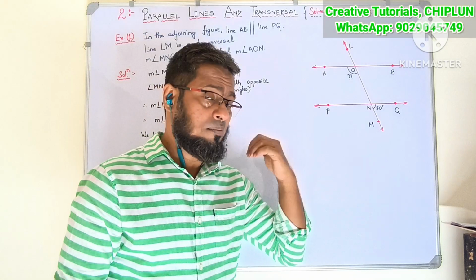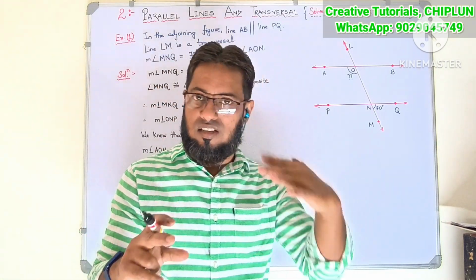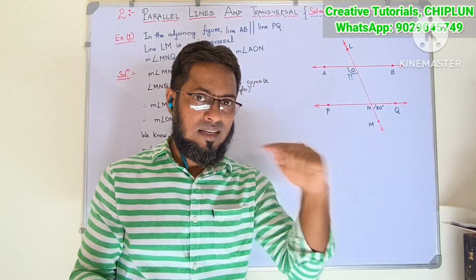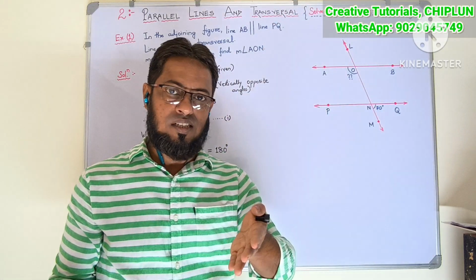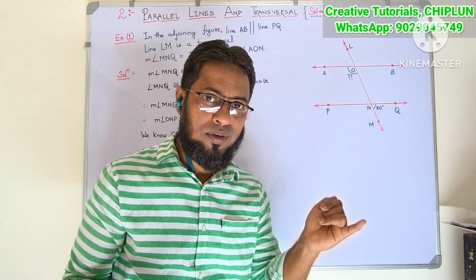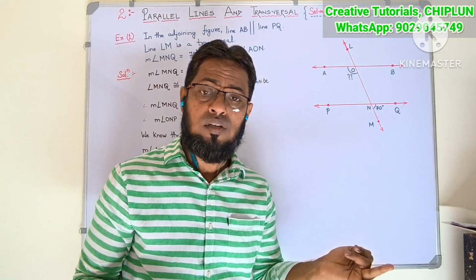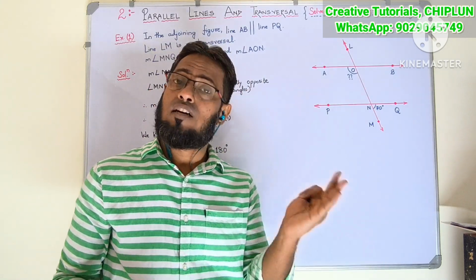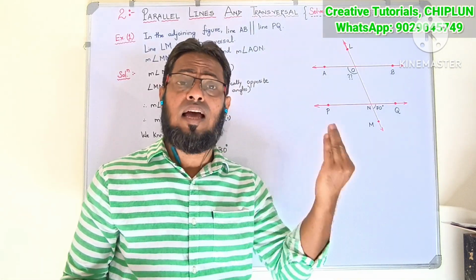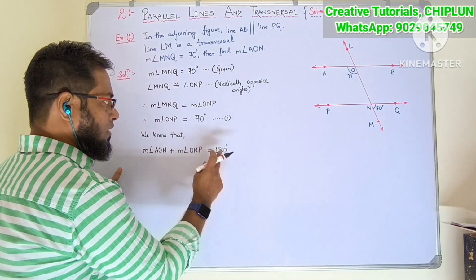If I remember, in my previous video I had taught you the properties of parallel lines and transversals. There we had studied 3 properties, correct? Where there are 2 parallel lines and one transversal cuts them, whatever pairs of corresponding angles are formed, they are congruent. Second property was whatever pairs of alternate angles are formed, even they are congruent. And the third property was whatever pairs of interior angles are formed, they are supplementary. So these two are interior angles.